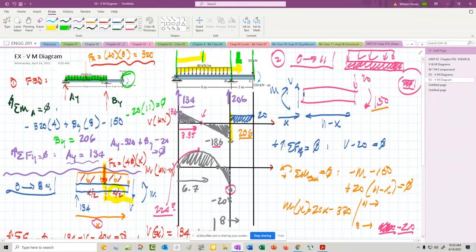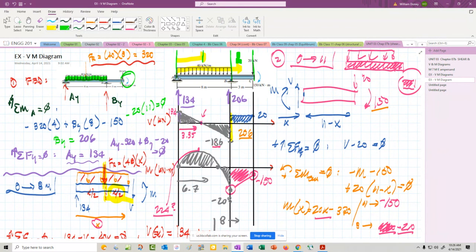And at 11, we should get 11 times 20, minus 370, so there's minus 150. And that is a linear function, so it's going to be a straight line from there to there. And that sets up our completed bending moment diagram.